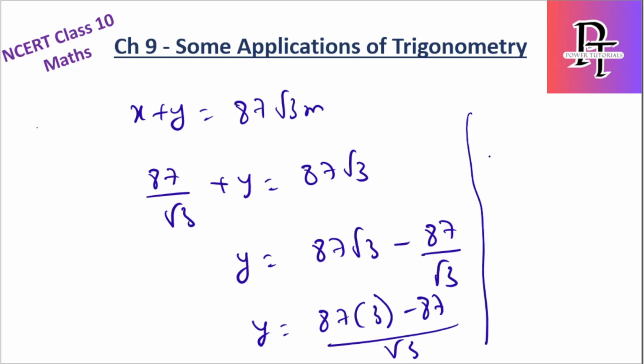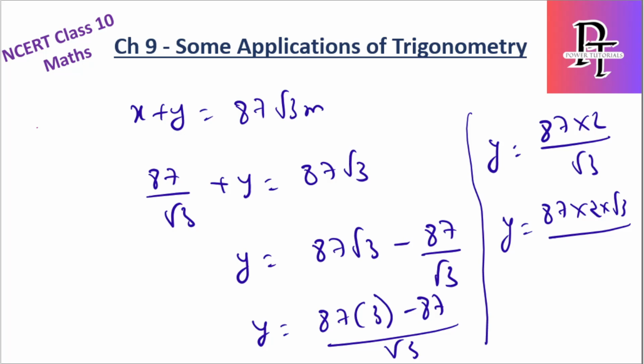So I can say the Y value is equal to 87 into 2 by root 3. So just rationalize it. This becomes 87 into 2 into root 3 by root 3 into root 3, which becomes 3. 3 ones, 3 twos are 6, 3 nines are 27. So Y is equal to 58 root 3 meters.